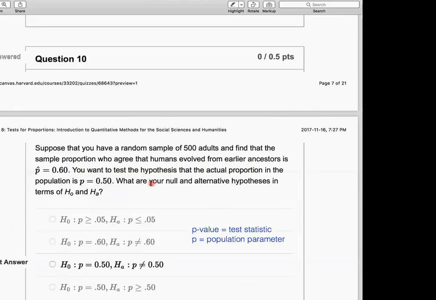Let me frame it this way. The reason we want to frame our hypotheses in reference to 0.50 is because we want to test our hypotheses in reference to this hypothesized proportion. In other words, when we're testing hypotheses, we want to phrase and frame our questions, and it's not necessarily about describing what's in our sample.